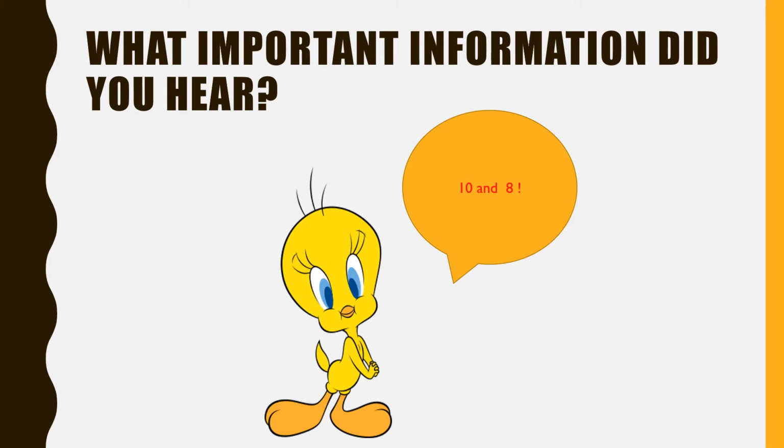Did you hear 10 and 8? Me too. 10 represents the 10 big trees that were in the park, and 8 represents the 8 new trees that were being planted. We want to find out how many trees there are all together in the park.